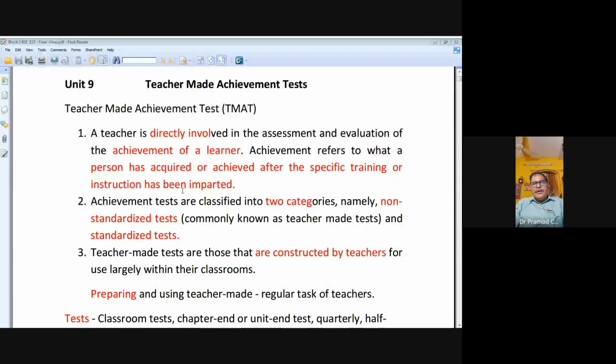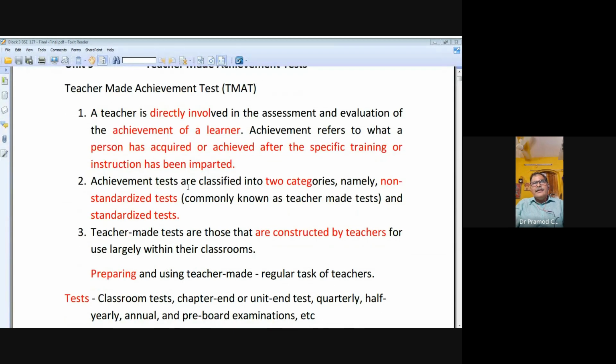The tests which are prepared by the teacher are known as the teacher-made test. It is also known as the achievement test. But this type of achievement test is divided into two categories. One is non-standardized test and another is standardized test.